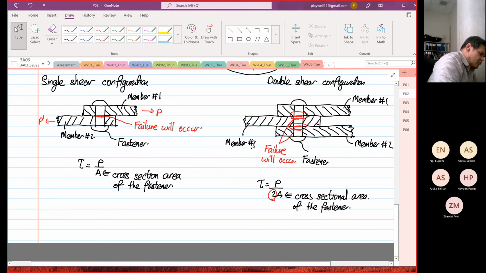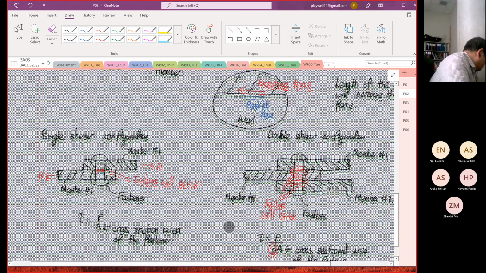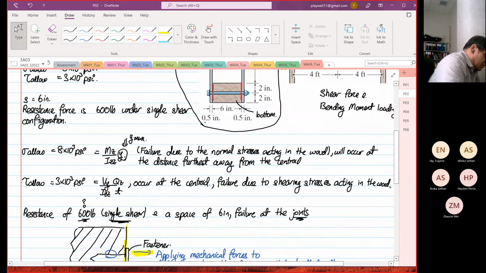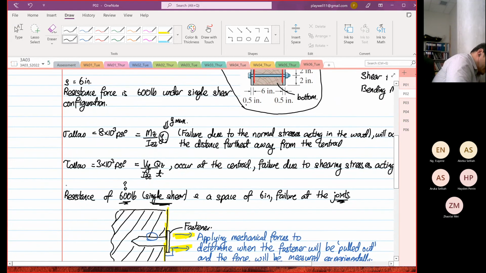Okay, so the first thing of all, we are going to calculate mode 1 failure. So there are three modes. I'm going to call this mode 1. Mode 1 is resistance of the 600 pounds under single shear with a spacing of 6 inch.